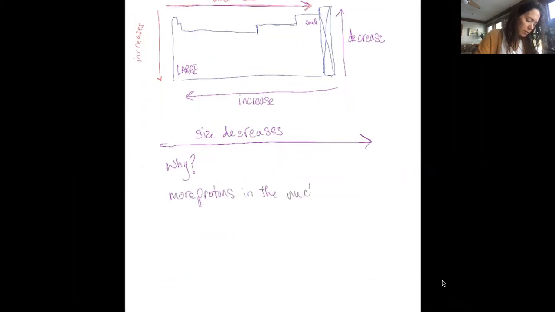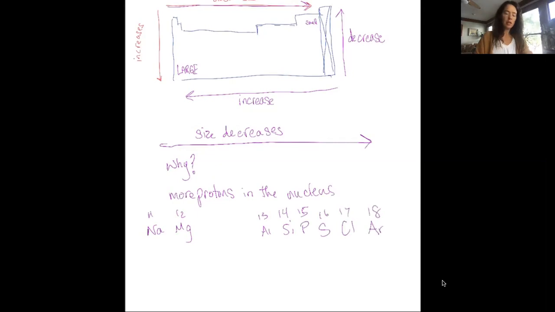And you guys, that was a question, right? I've got sodium with 11, magnesium with 12, aluminum with 13, silicon 14, phosphorus 15, sulfur 16, chlorine is 17, and then argon over here is 18. So that's a period.